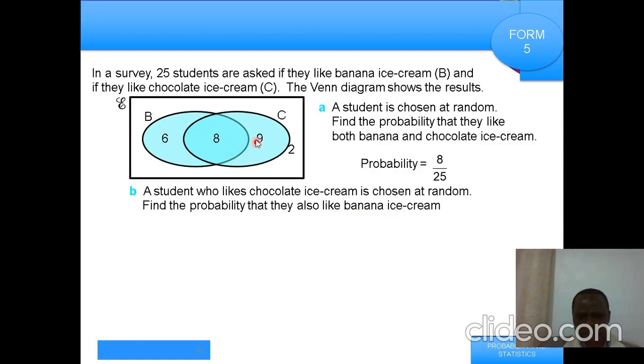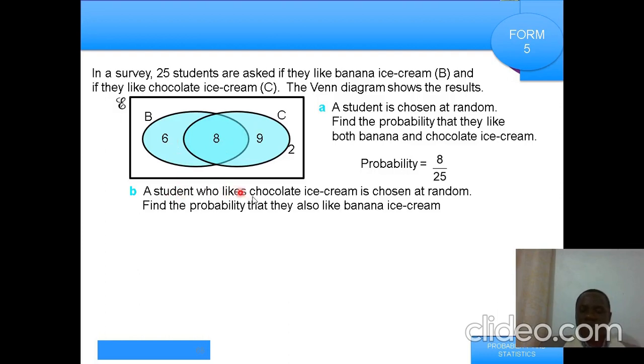So we chose from here, from students who like chocolate. Let's find those who also like banana. How many are they? 8. So 8 only out of all these students who like chocolate. Only 8 are also found on the banana side. These 9 have nothing to do with banana, they don't like banana. The 9 and 8, they both like chocolate, but the 8 also like banana.